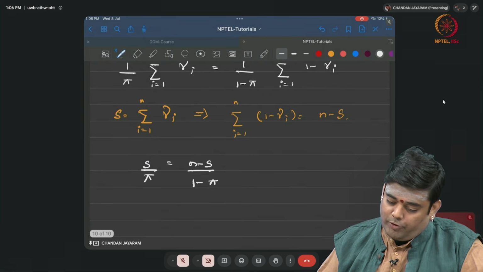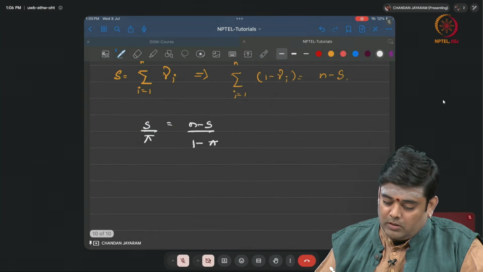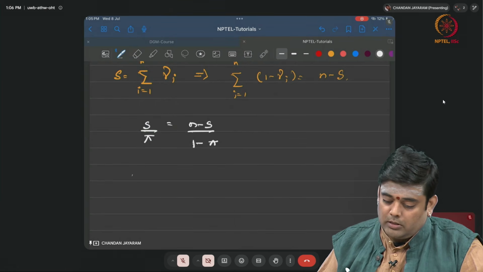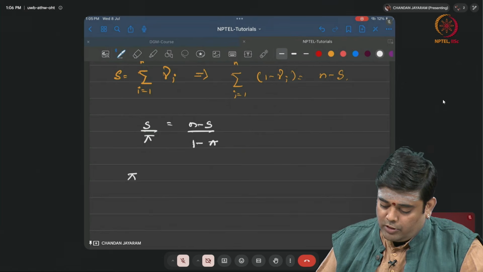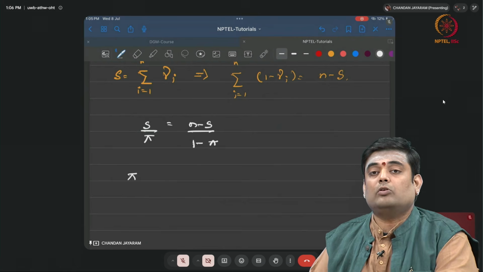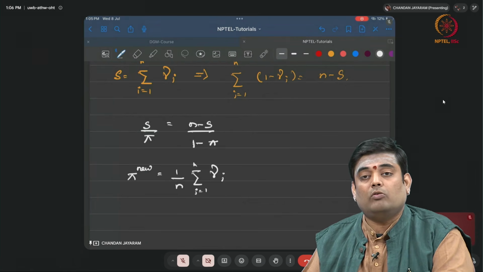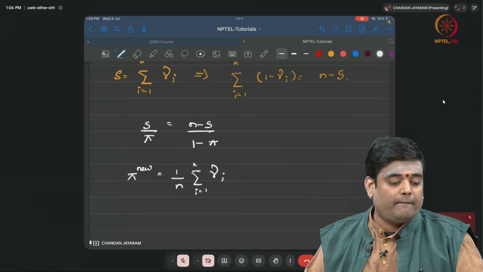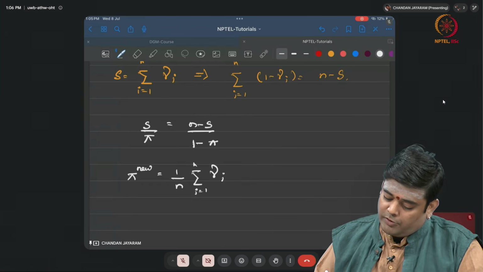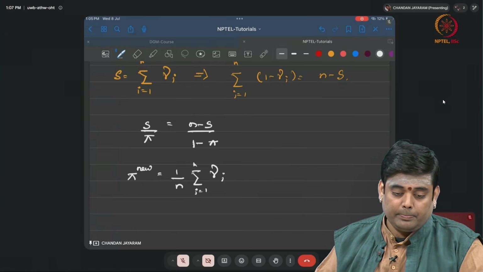Now if you solve this, the new value of pi is 1 over n summation i equals 1 to n of this coefficient. Now this is for the pi value.